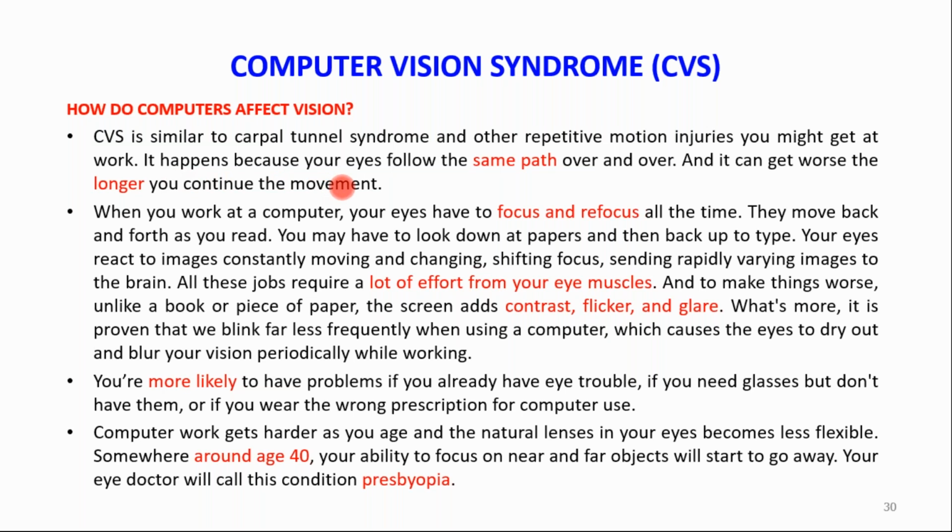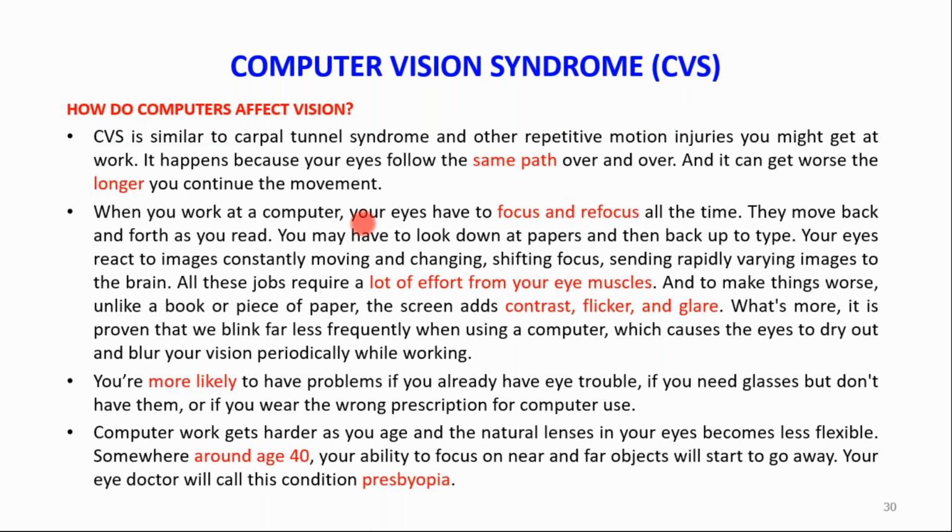So this CVS is like carpal tunnel syndrome and other repetitive motion injuries, because normally these CTS and RSI words are used for activities in the engineering industries. But when we are talking about CVS, it is specially related to computer oriented activities and computer oriented disorder, but it is like CTS and RSI.